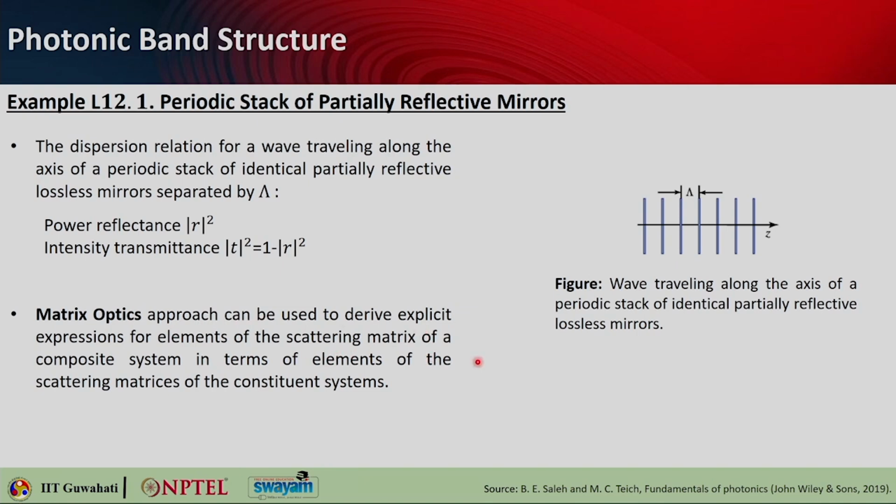Now, let us use the matrix optics approach to derive an explicit expression for the elements of the scattering matrix of the composite system in terms of the elements of the scattering matrix of the constituent system. That is, we will take the elements of the unit cell and try to get the matrix elements for the overall system.